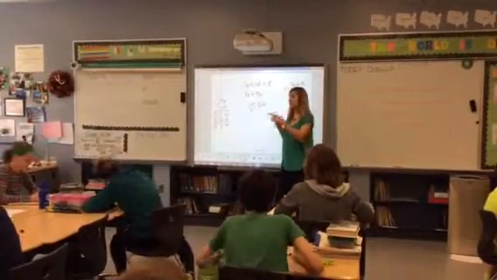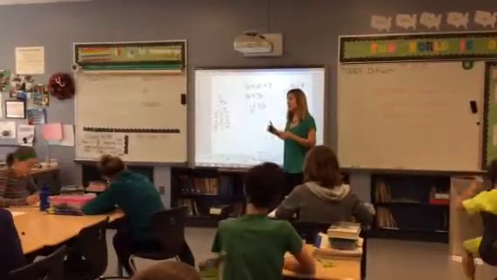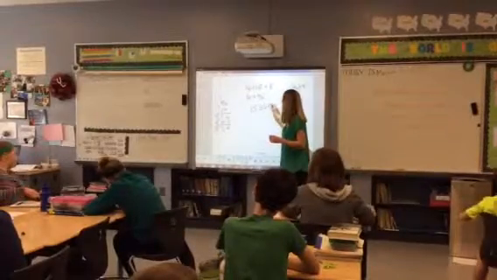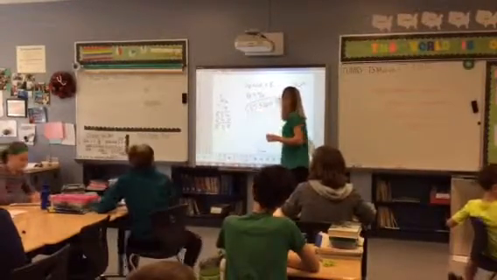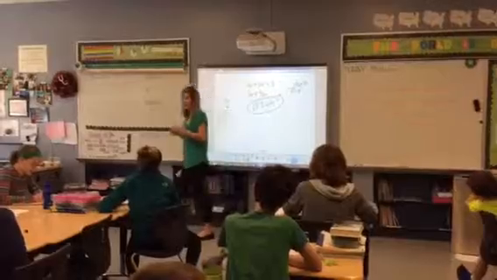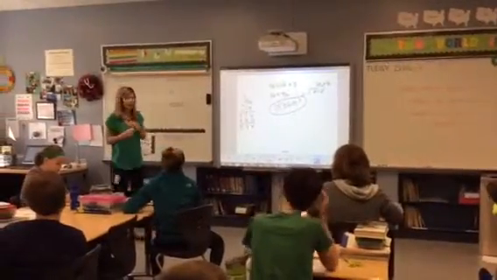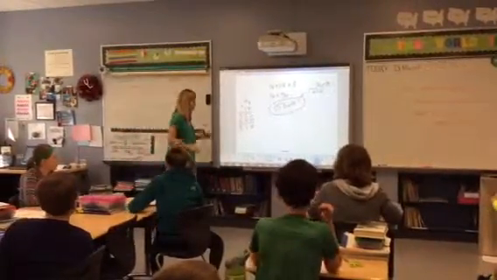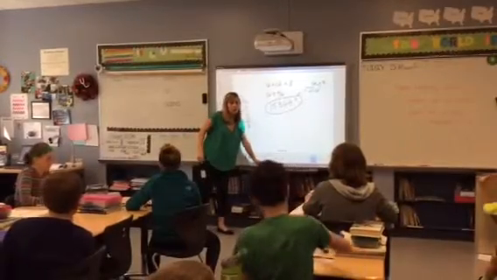Good. Now what, Macy, what are my units? Feet, and then cubed. Excellent. All right, there's my volume for that last one. Last rectangular prism. All right.